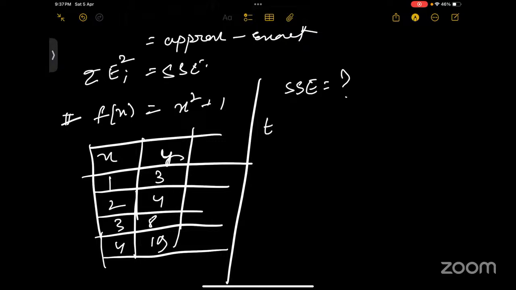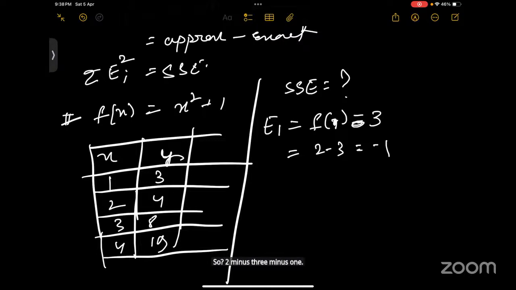So what will be the first error? f of 1 minus 3, right? It is 2 minus 3, which is minus 1. Okay, what is the error 2?